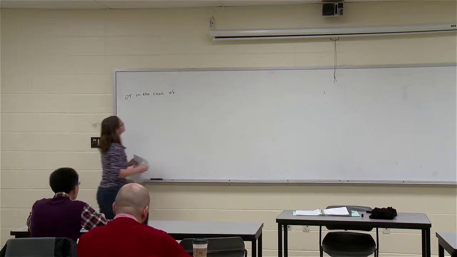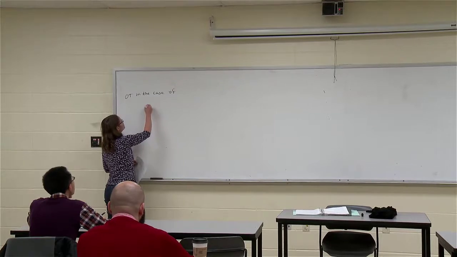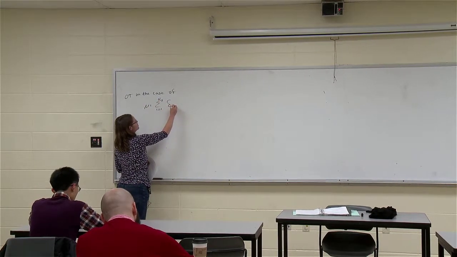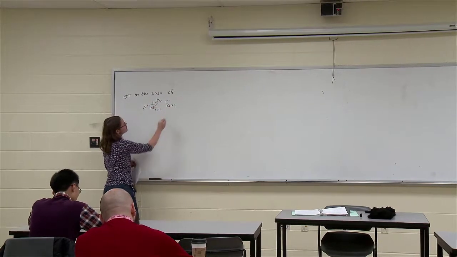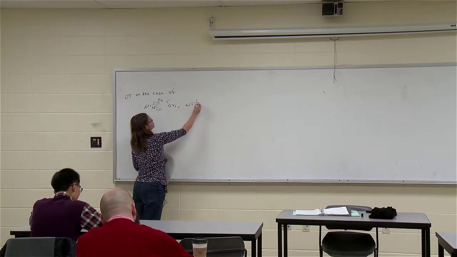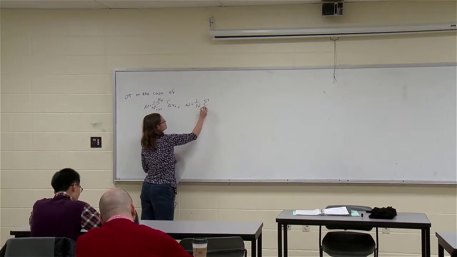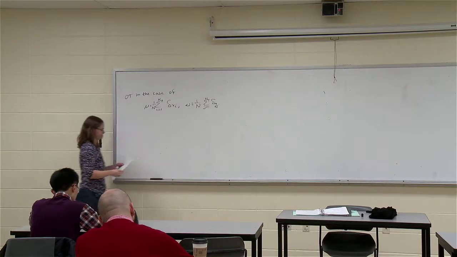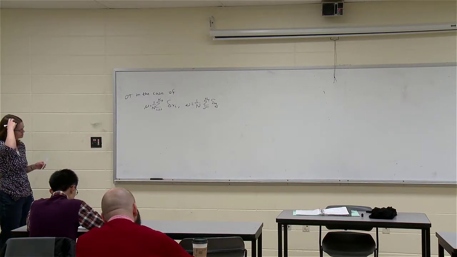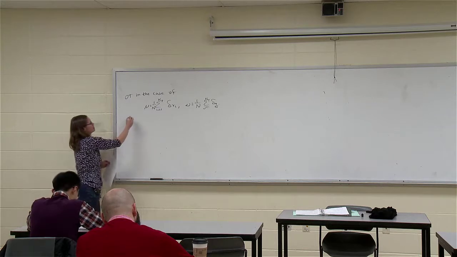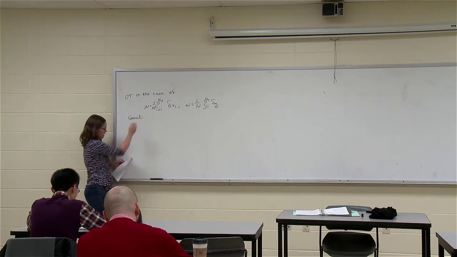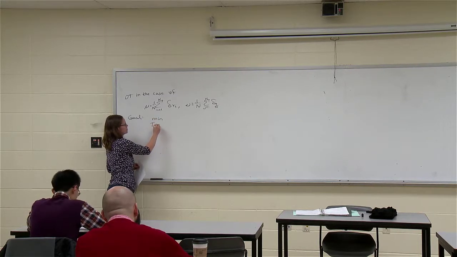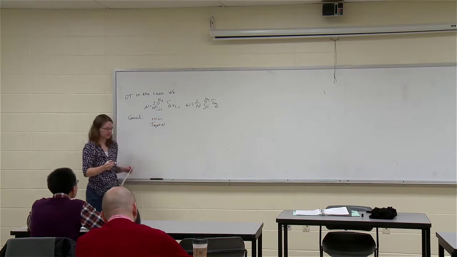So mu has the form of a bunch of Diracs that are equally weighted, and nu has the form of the same number of Diracs, which are also equally weighted. And our goal here is our usual goal, to find some kind of map between them that minimizes a cost function.